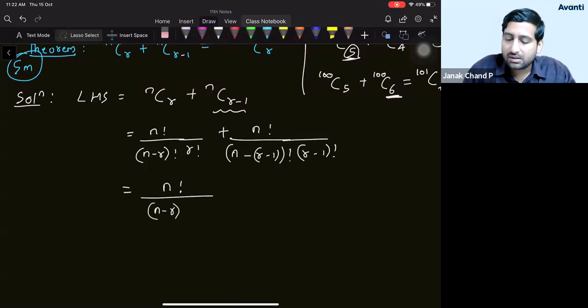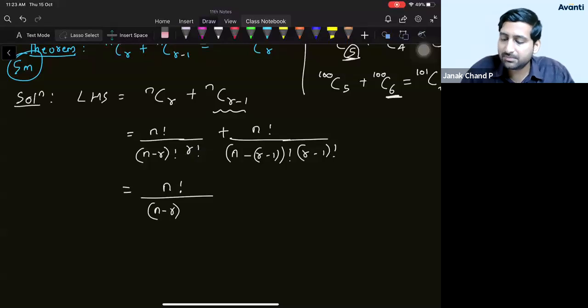I have already told you this in the previous class also. Whenever you're solving a question in which more than one factorial is there, write the bigger factorial in terms of the smaller factorial. As you can see here, you have r factorial here and then (r minus 1). Out of this r and (r minus 1), this is bigger. So I will write this bigger factorial in terms of the smaller.